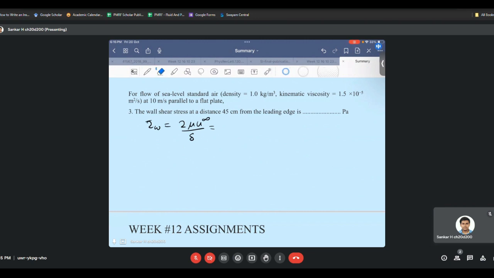But kinematic viscosity is given, which is nu, equal to mu by rho. Therefore, mu is equal to the density times the kinematic viscosity, which is 1 kilogram per meter cube times 1.5 into 10 raised to minus 5 meter square per second, which will effectively be numerically the same as the kinematic viscosity.